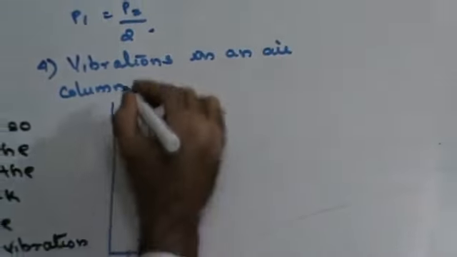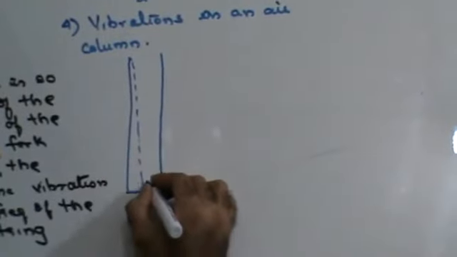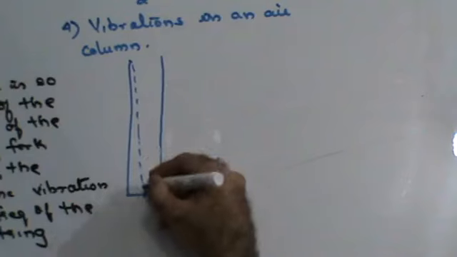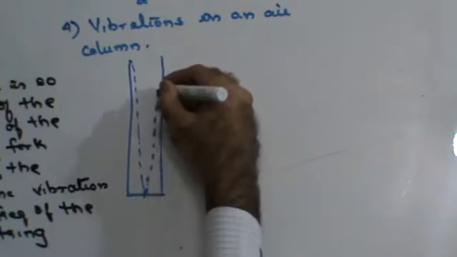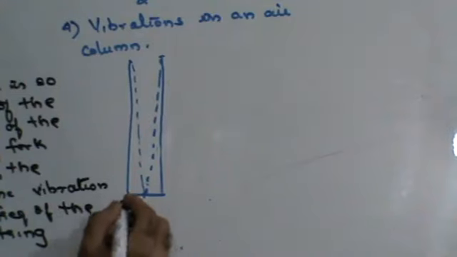So in that case, you would have the air wave moving this way in it, right? Let's see what happens to the air wave inside a vibrating air column.